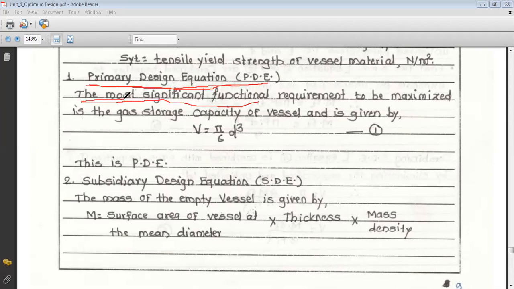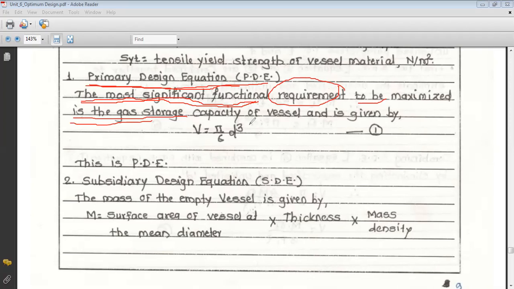For an undesirable effect parameter, we have to minimize it, but in the case of a functional requirement parameter, we have to maximize it. In the problem, the objective is to maximize the gas storage capacity, and this volume or gas storage capacity is the most significant functional requirement parameter.